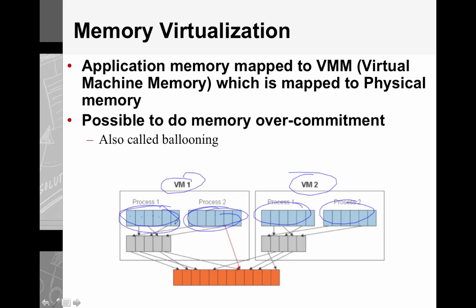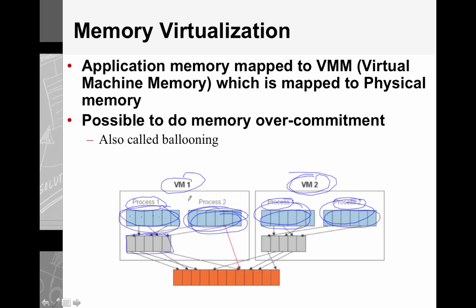This is memory that's needed by process 1 in virtual machine 1, and this is the memory that's required by process 2 in virtual machine 1. This is the memory that's required by process 1 in virtual machine 2, and this is the memory that's required by process 2 in virtual machine 2. But every virtual machine has something called virtual machine memory. That's this one right here.